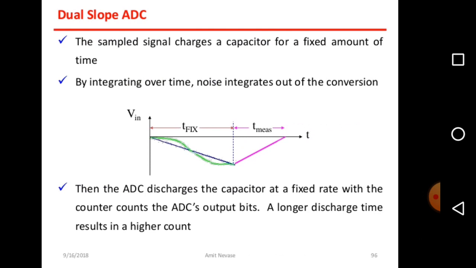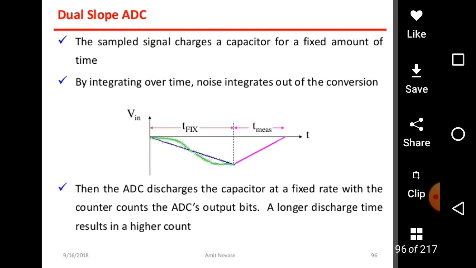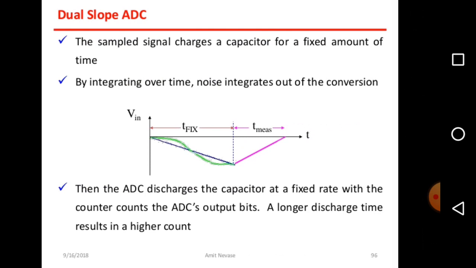By integrating over time, noise integrates out of the conversion. You can see here dual slope. For one slope, time is fixed; for another slope, V reference, or mean voltage, is fixed.